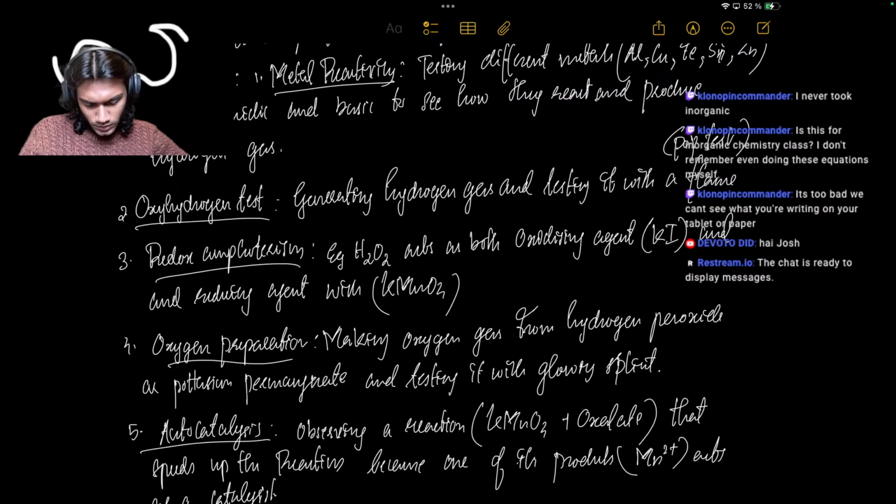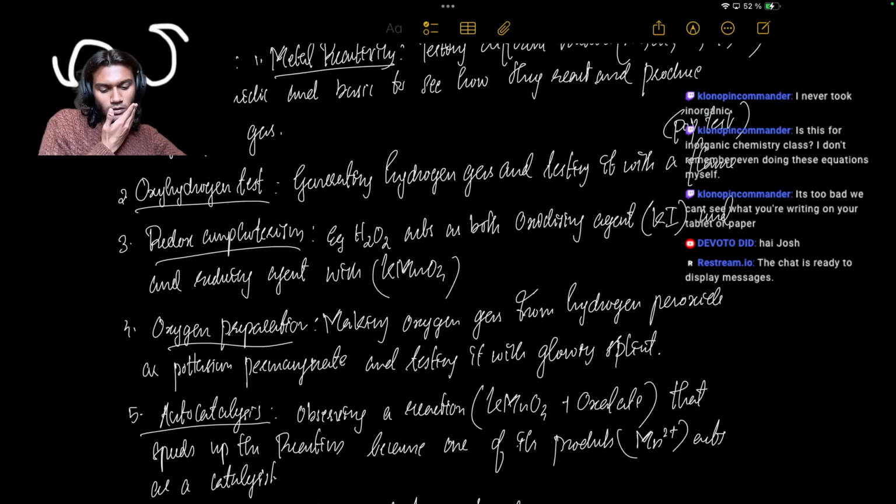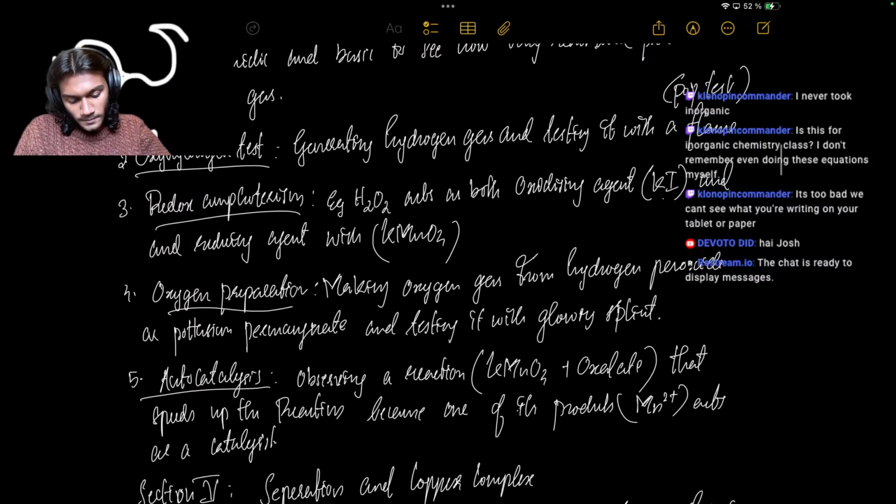Redox amphoterism. One of the examples was hydrogen peroxide acting as oxidizing agent and reducing agent depending on the reactant, potassium iodide and potassium permanganate.